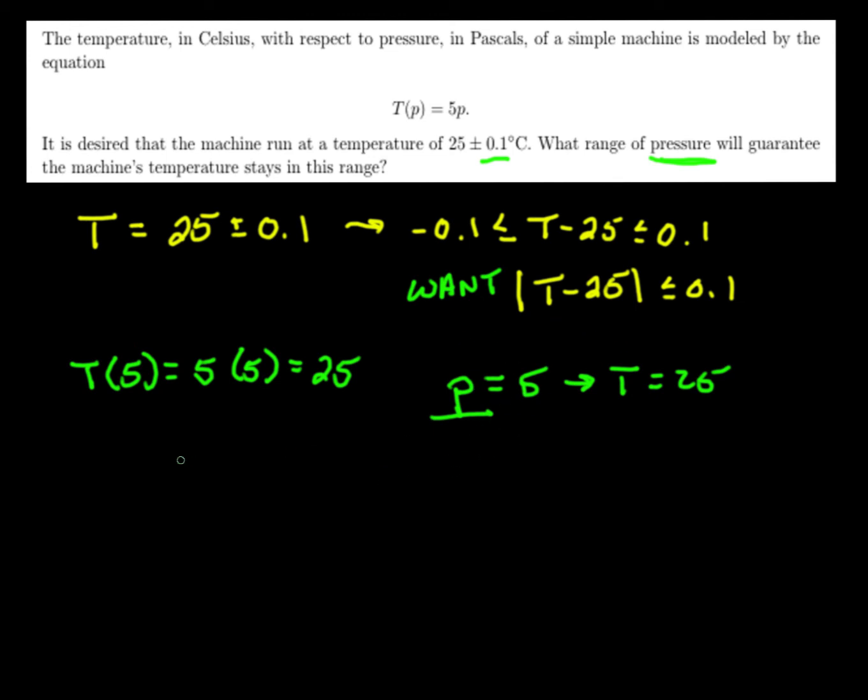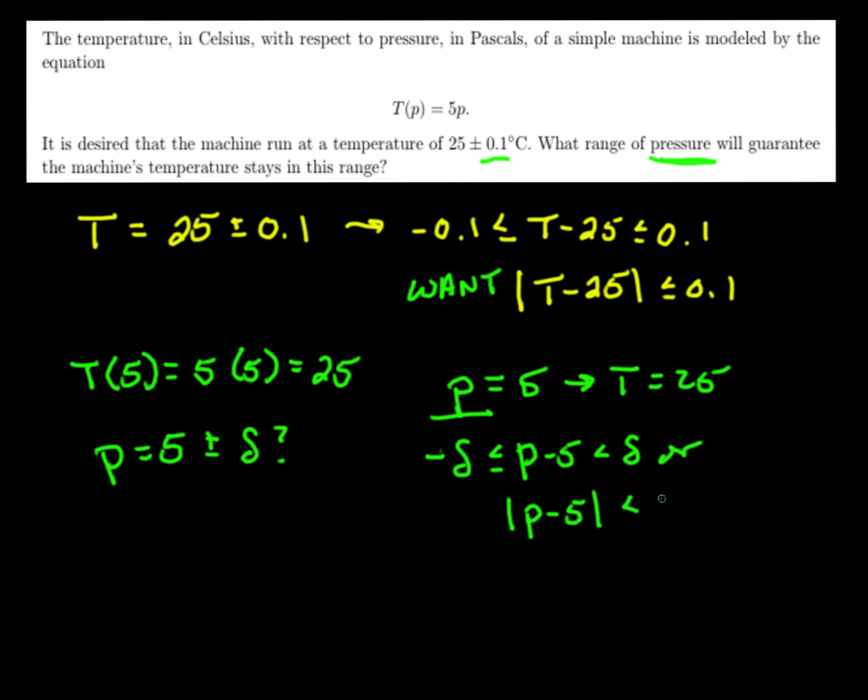So again, I want to know, P needs to equal 5 plus or minus what? Right? What's my error allowed in my pressure? Or if you like, I want to know when is negative delta less than or equal to P minus 5 less than delta, or putting it back in absolute values, when is the absolute value of P minus 5 less than delta, that would force this to be true.